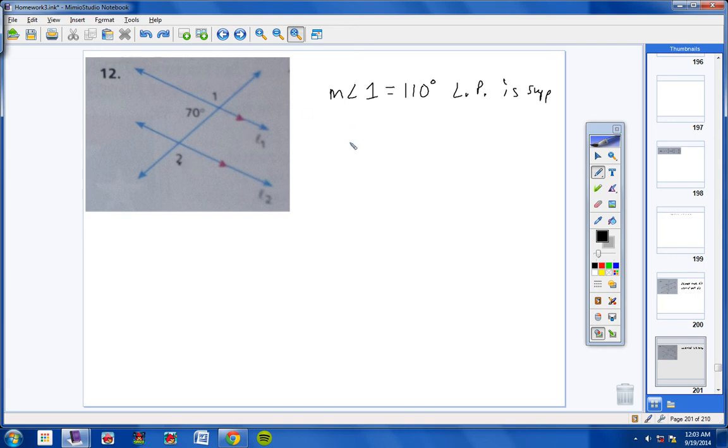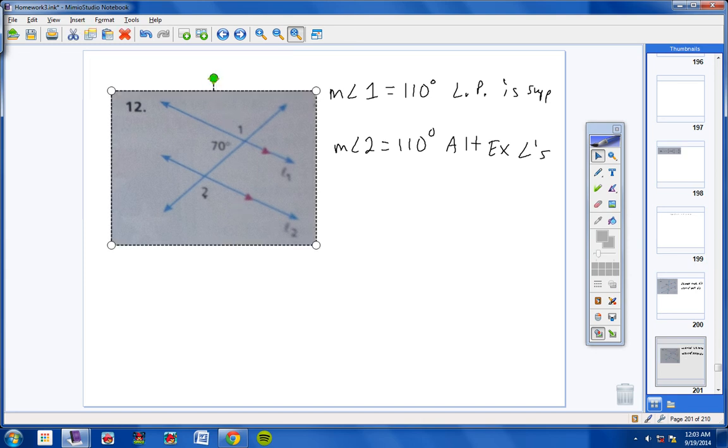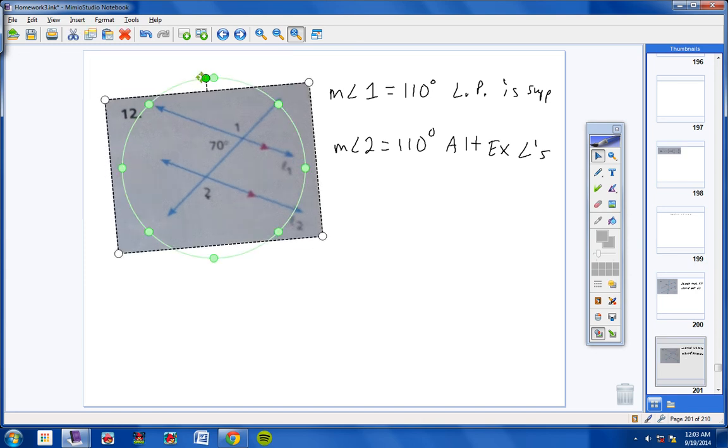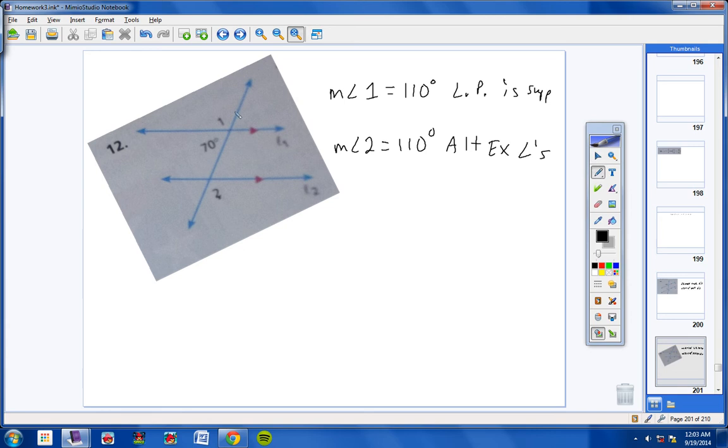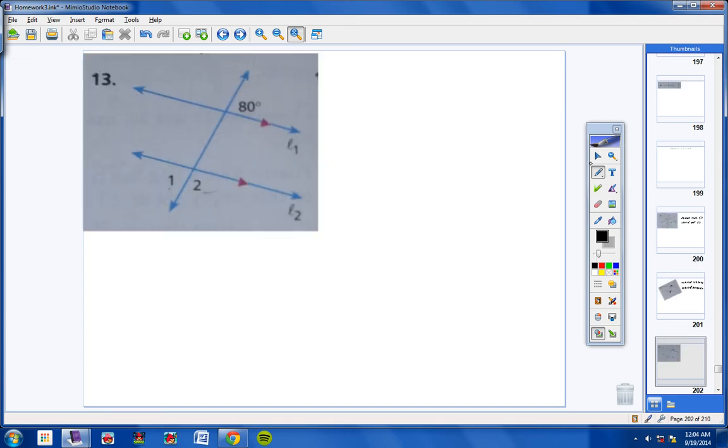Well, I would say the measure of angle 2 equals 110 degrees, and the reason would be alternate exterior angles. If it helps you to turn this a little bit, feel free to do that, so that your parallel lines are going left to right. There we go. You can see how this angle here and this angle here are alternate exterior angles, so they're congruent.